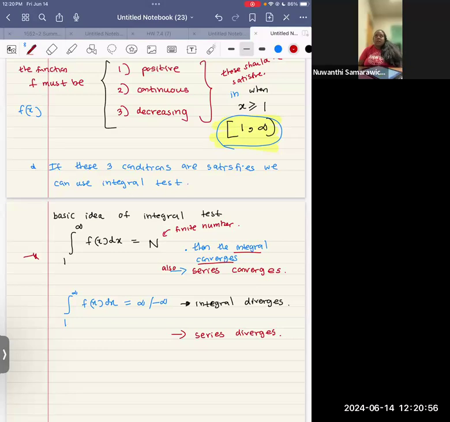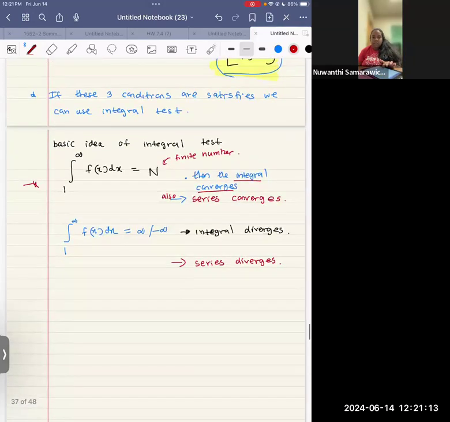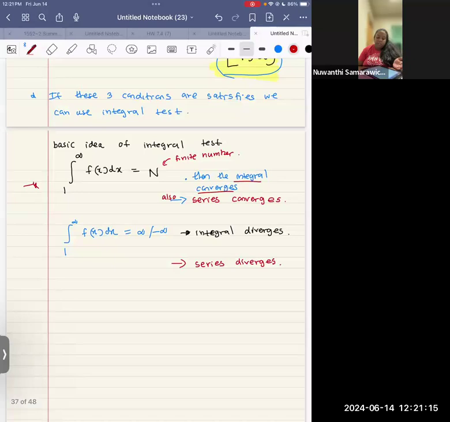In the divergence test, we can only say something about the divergence of a series, but in the integral test we can say both. So we can say both in this test.